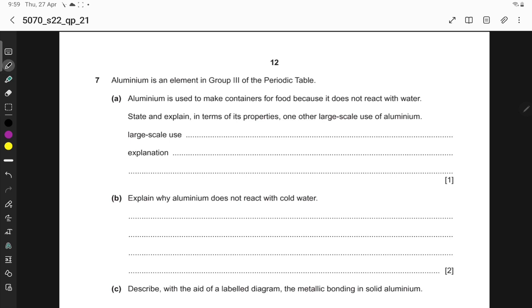Large scale use is making aircraft parts, as aluminium has low density.